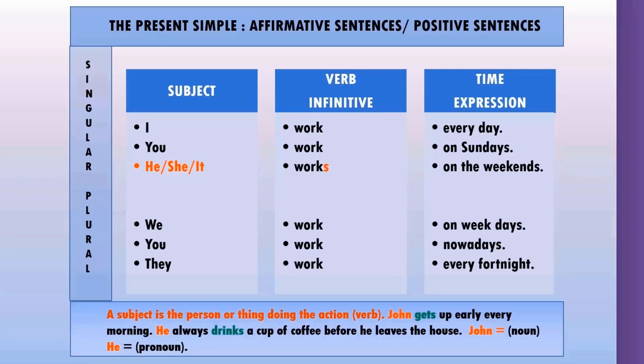In the second sentence, we don't have to repeat the name John. We're replacing the noun with a pronoun. We understand that he, in the sentence, refers to John. So the pronoun replaces the noun. John is the noun, he is the pronoun.